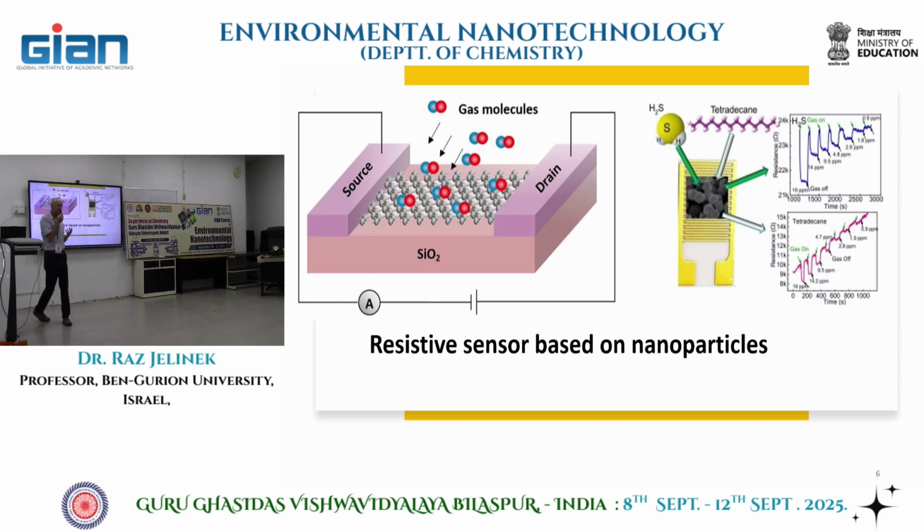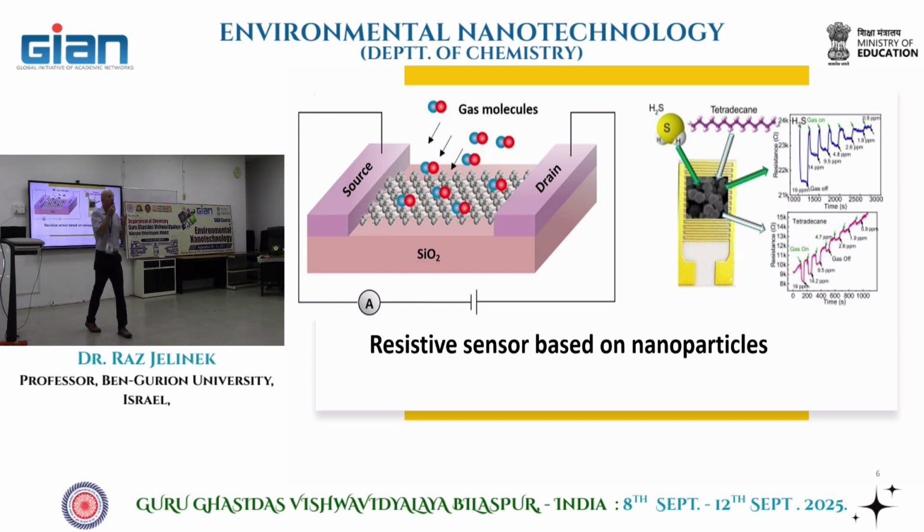And what these nanoparticles need to do, they just need to have an affinity. They have to absorb, to bind the gas molecule. So the properties that you need for these nanoparticles are good interactions, good affinity with gas molecules.